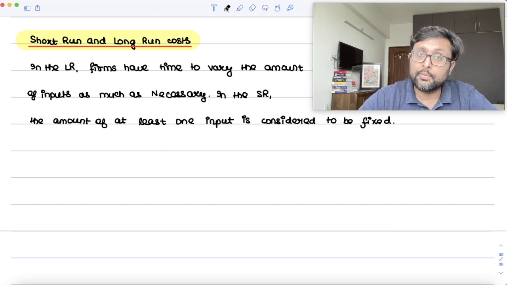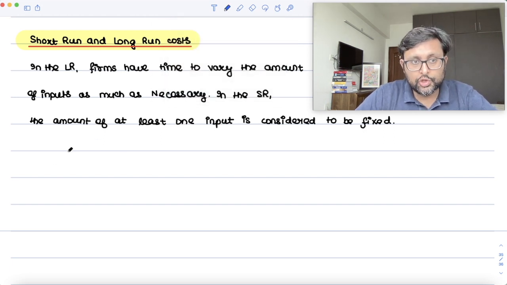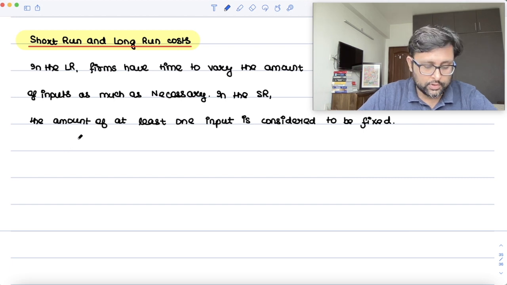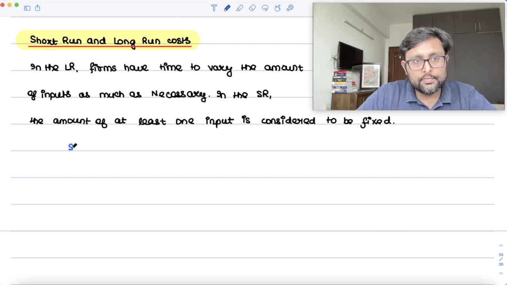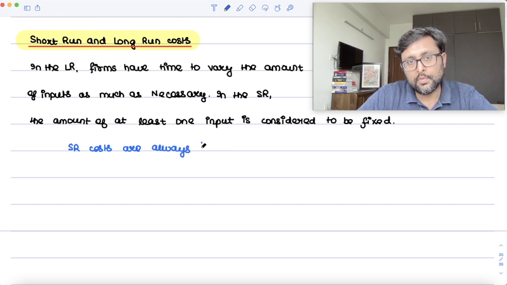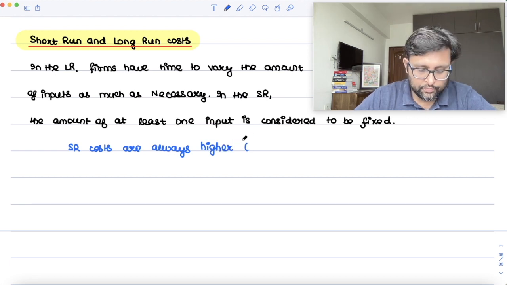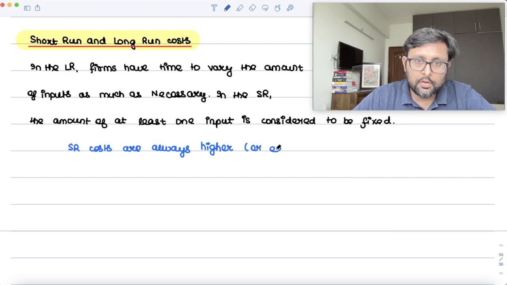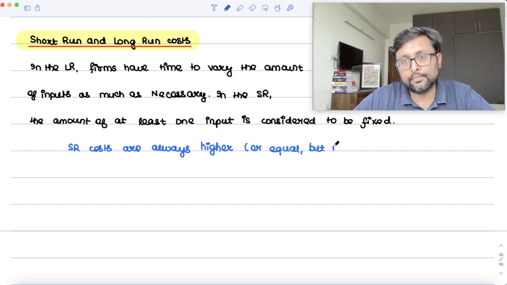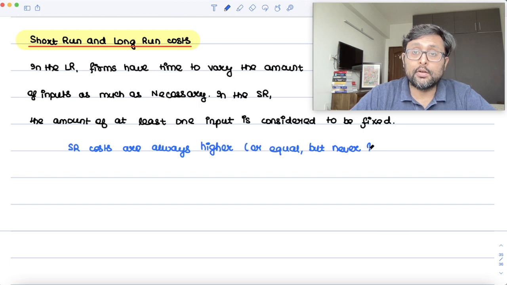And one more thing, which is an important point, and which we will be showing using a numerical example also. Short run costs are always higher or equal, but never lower than the long run costs.